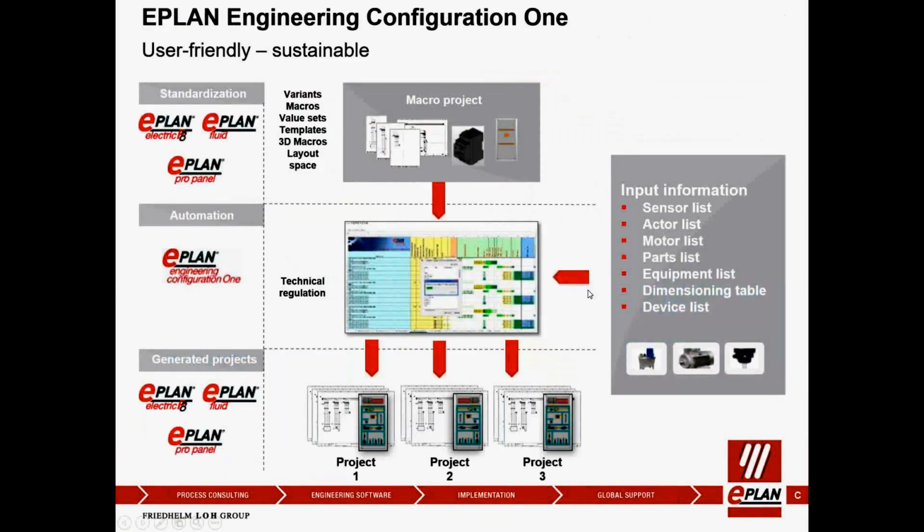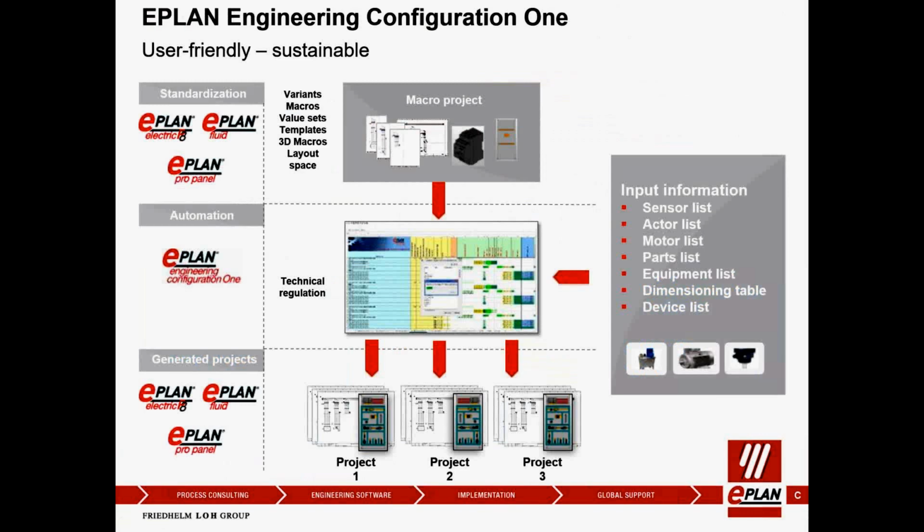So what we have here is the capability of having a user-friendly and also sustainable means of generating your projects. We have the capability of having standardized functionality within the electrical or the fluid or maybe even the 3D panel design. So this is with the variants, the macros, the value sets, the templates, the 3D macros, and the layout spaces that we have. We have this residing in what we call a macro project.